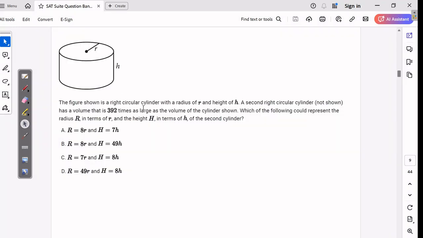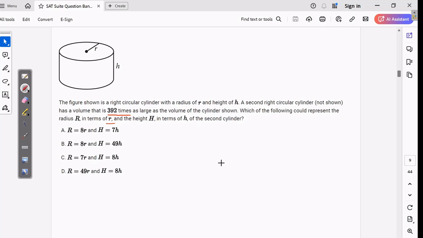Shown is a right circular cylinder with a radius r and height h. A second right circular cylinder, which is not shown, has a volume that is 392 times as large as the volume of the cylinder shown. Which of the following could represent the radius capital R in terms of r and height capital H in terms of h of the second cylinder?